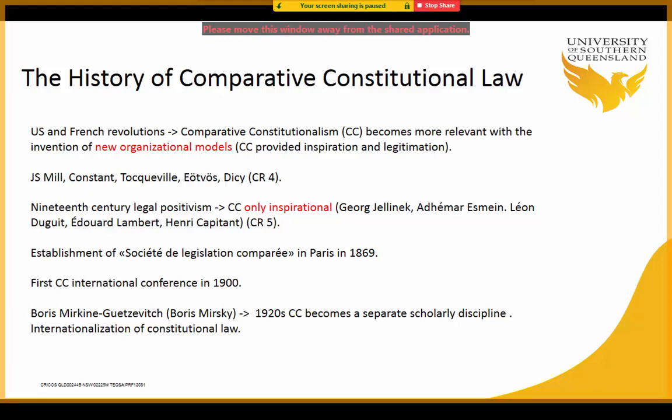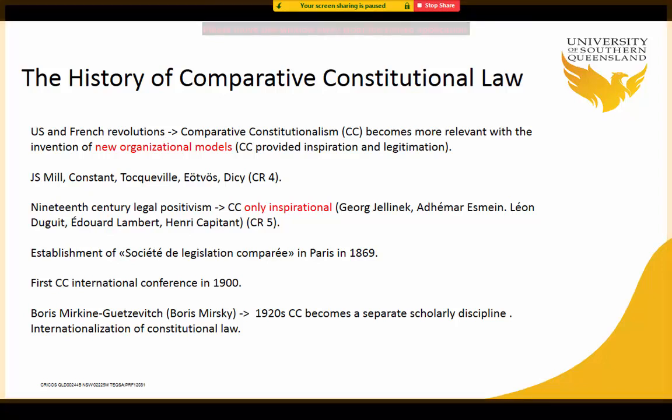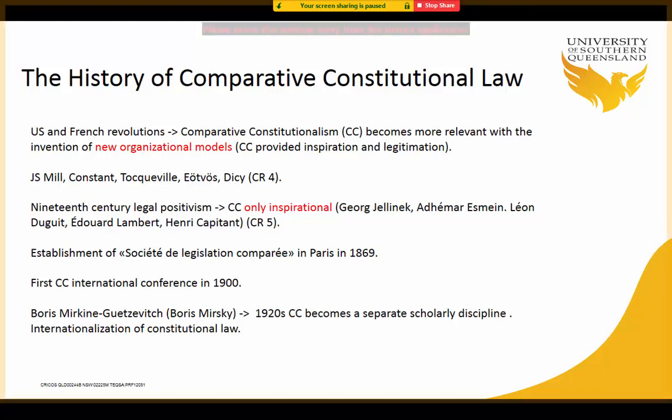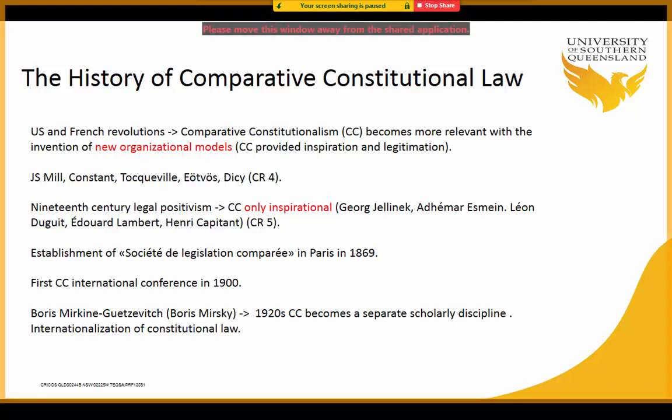And then you have on page 4 some of the more prominent researchers in this field, historically at least. So you have Mill, Constant, Tocqueville, Eötvös, and Dicey. Then we come to the 19th century with legal positivism.